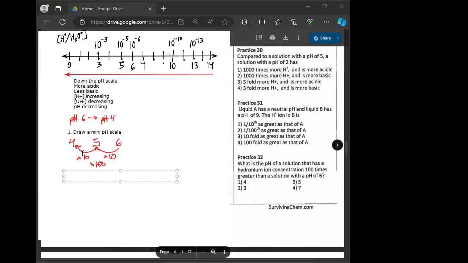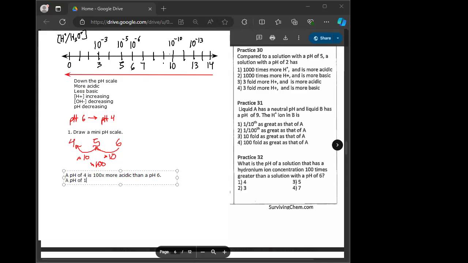So there are several statements that we can make. We could say a pH of 4 is 100 times more acidic than a pH of 6. Again, where did I get that 100? From the times 10 and then times 10.